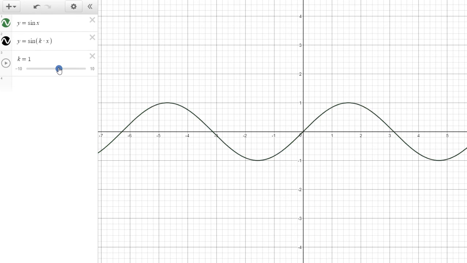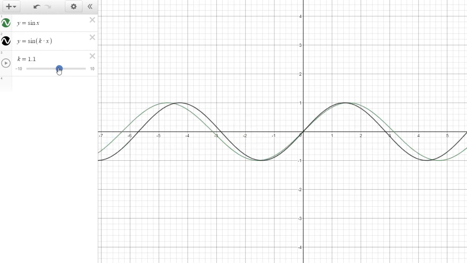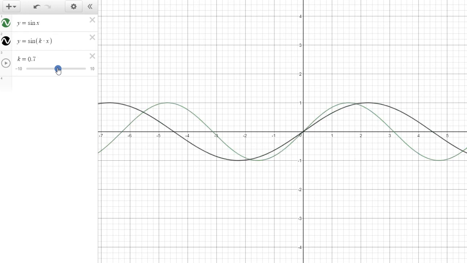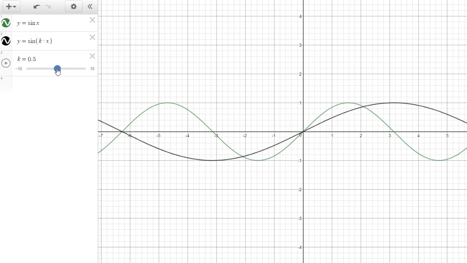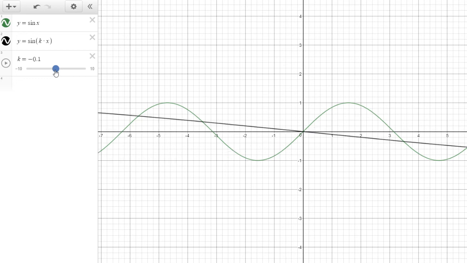Now when we make k less than 1, it starts to make the function wider. It actually stretches it, so you see the original one's green and the new one's in that kind of black colour, and you can see it get wider and wider, until eventually if you make it 0, it just disappears there.